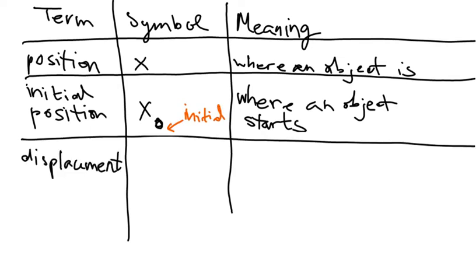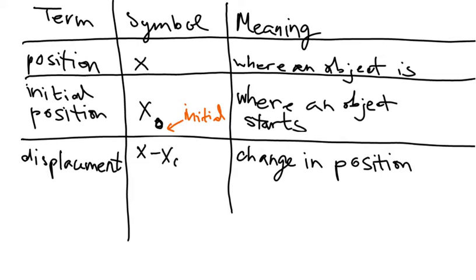The next term, and you may or may not have heard of this one, is called displacement. It's basically a change in position. If you are displaced, you are moved. Your position is changing. More specifically, when we talk about change in physics, we always do the final position minus the initial position.